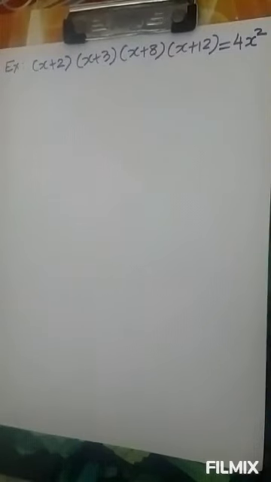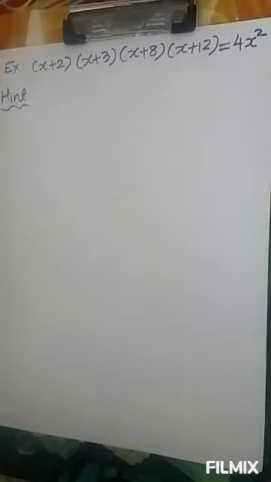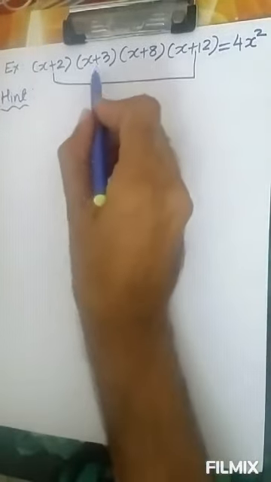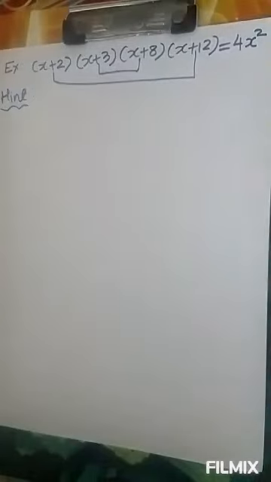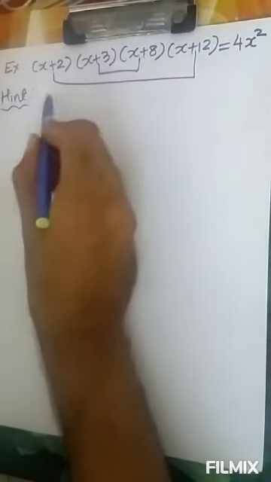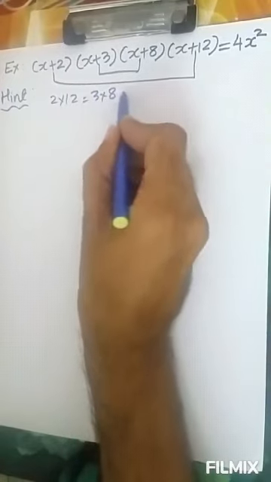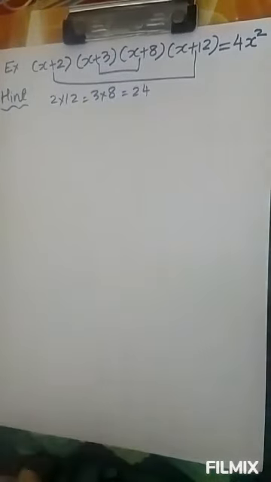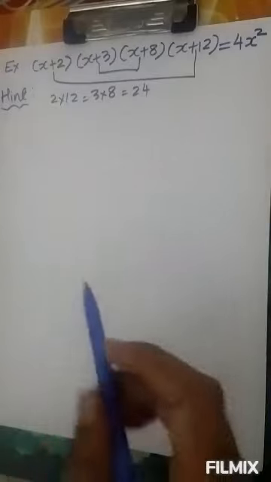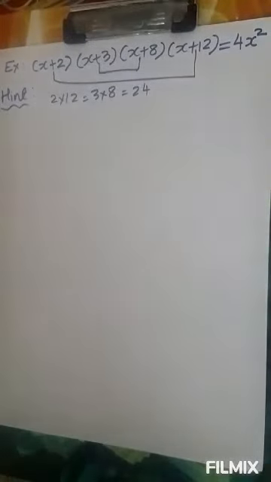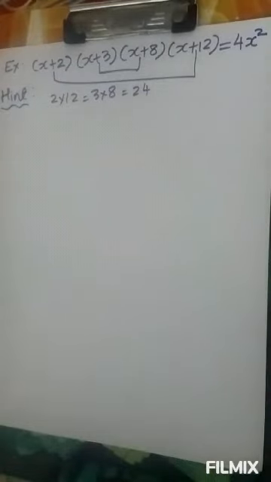So let me give you a hint for this. Okay, the first level of hint is this: we will tie x plus 2 with x plus 12, and x plus 3 with x plus 8. Why? Because 2 into 12 and 3 into 8 are the same. How this is useful, we will come to know later when we solve this.